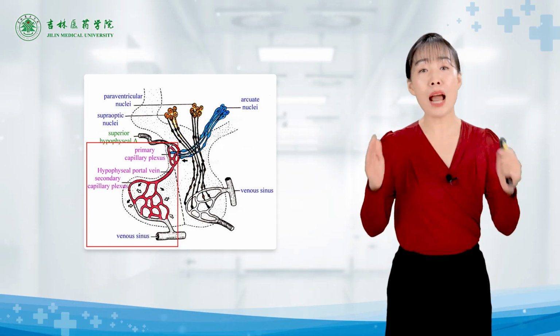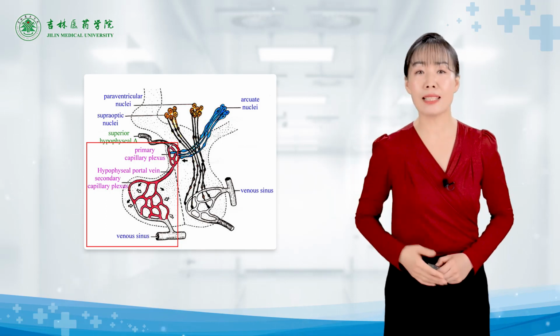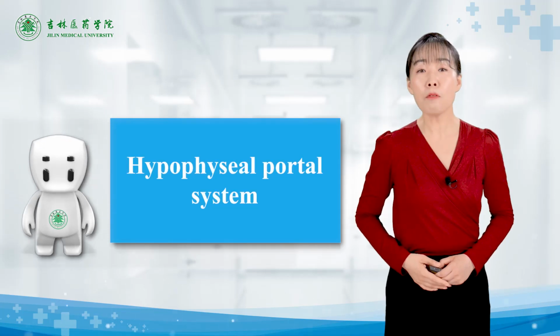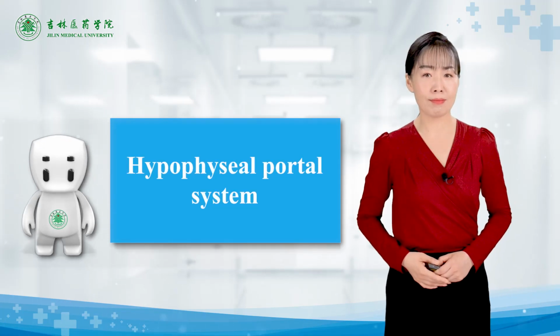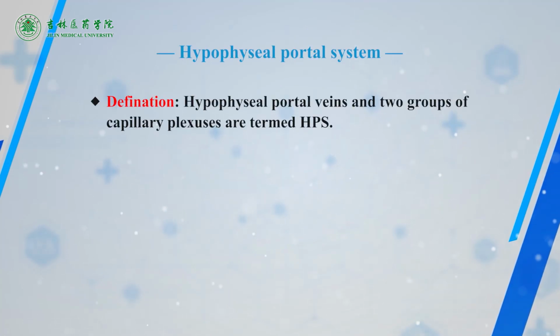Hypothalamus has a very close relationship with the adenohypophysis just through this blood supply. Firstly, we must know a professional term, hypophyseal portal system. Hypophyseal portal veins and two groups of capillary plexus are termed HPS.